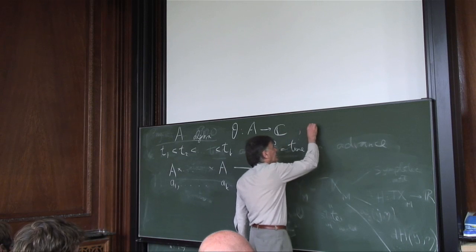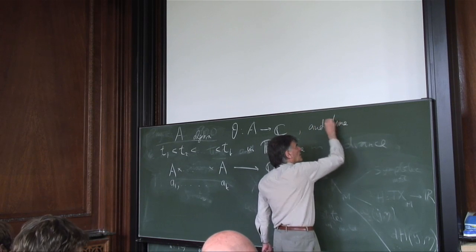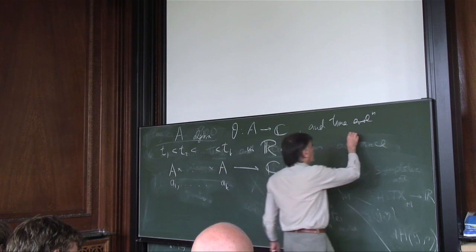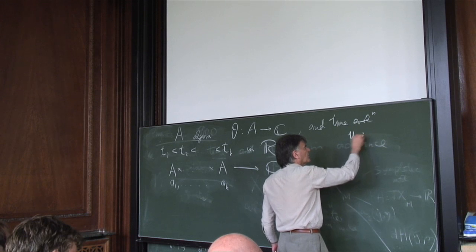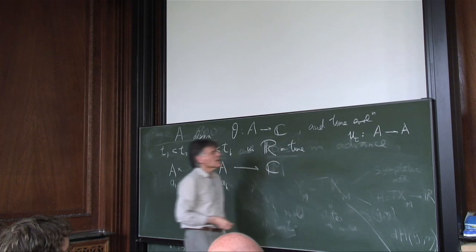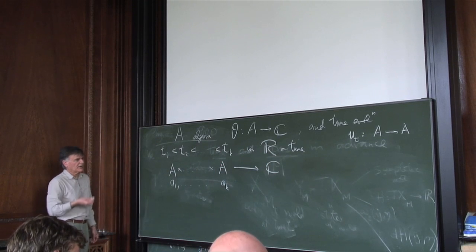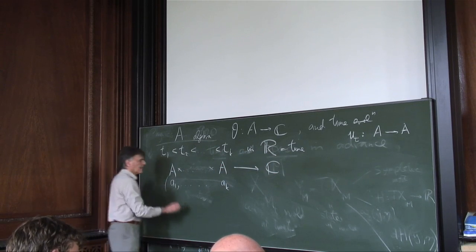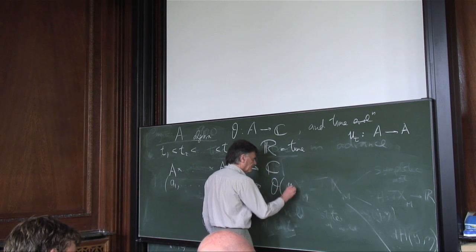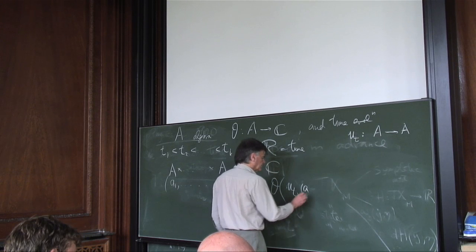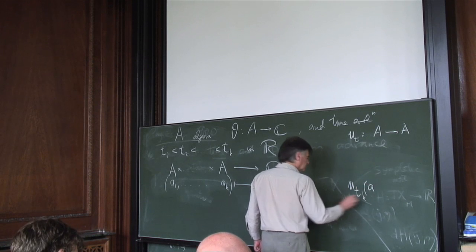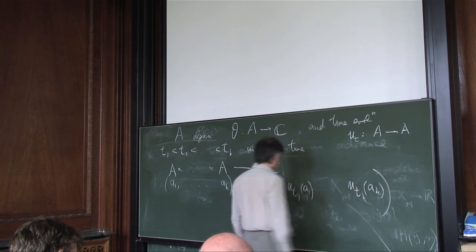Well, also we have the time evolution. So supposing we have this thing and we have its time evolution, which is given by unitary transformations, automorphisms of the algebra.